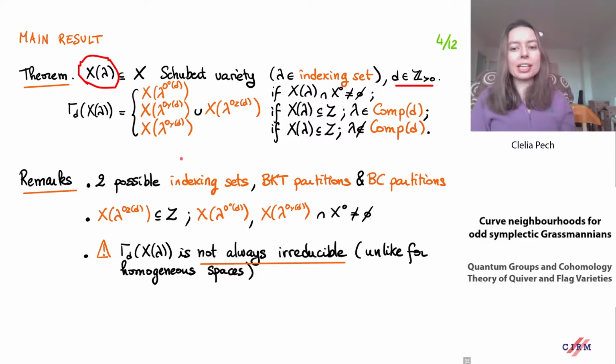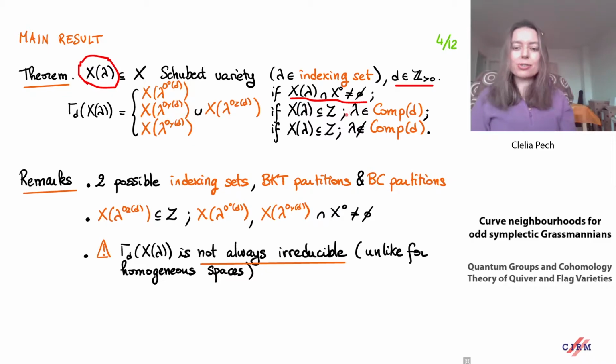And I have 3 cases. The first case is if my Schubert variety intersects the open orbit. In that case, my curved neighborhood will consist of just one Schubert variety.